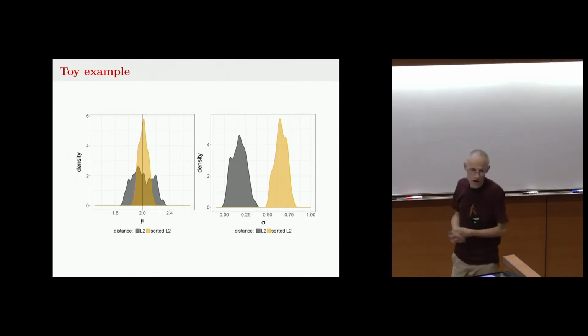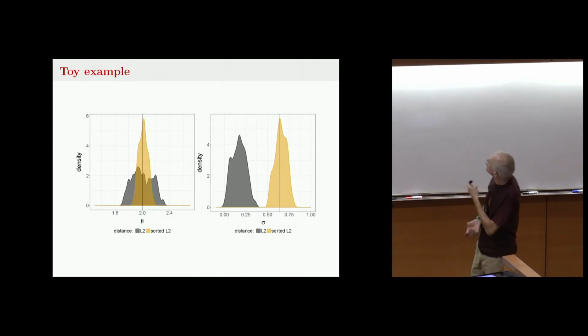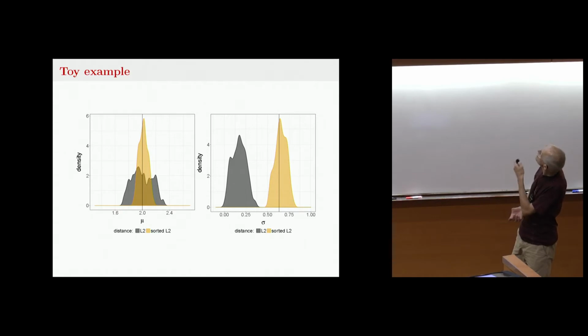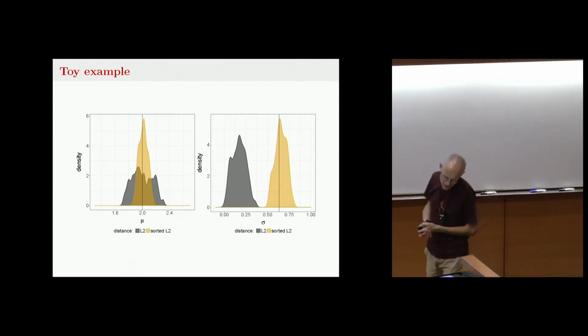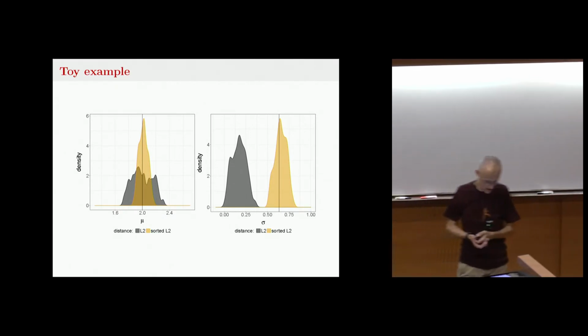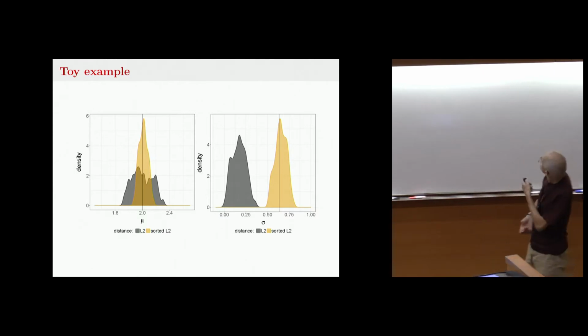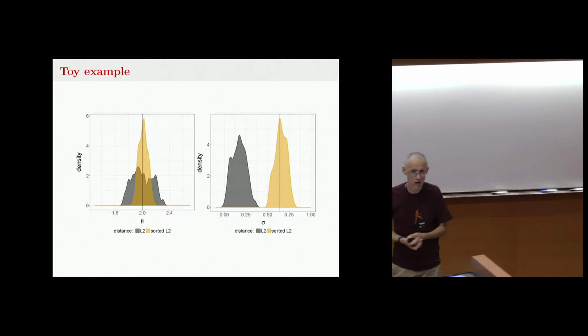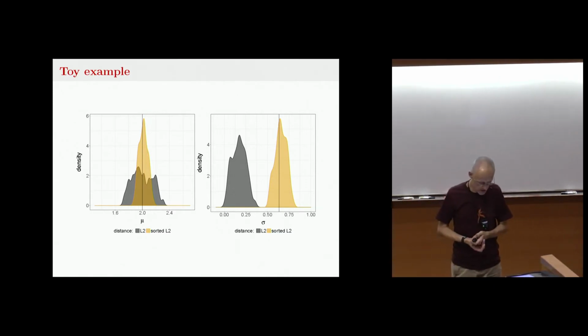Both of those posteriors are ABC posteriors. But if you start looking at sigma, there's a huge difference between the two. And the bar being the true value of the parameter, it's only the sorted L2 that recovers something close to the right value of sigma.